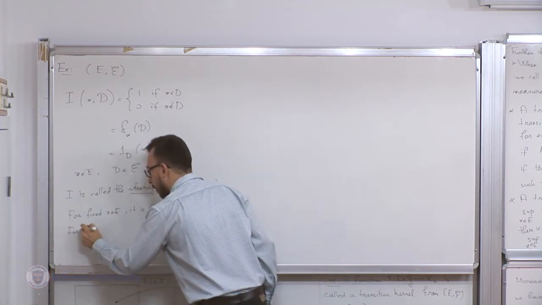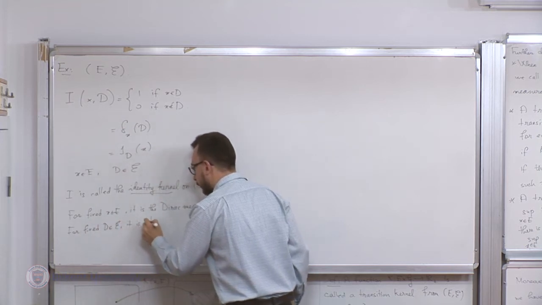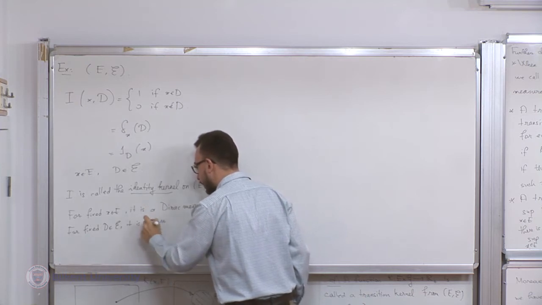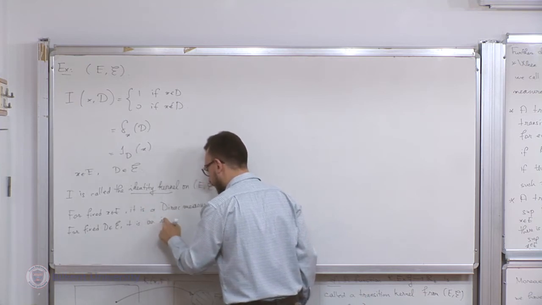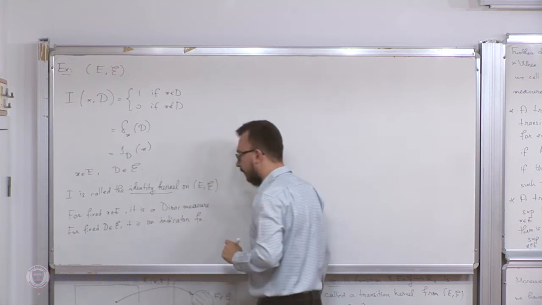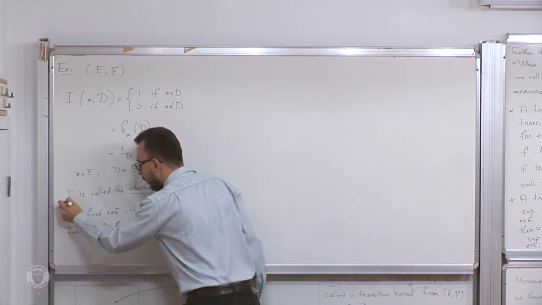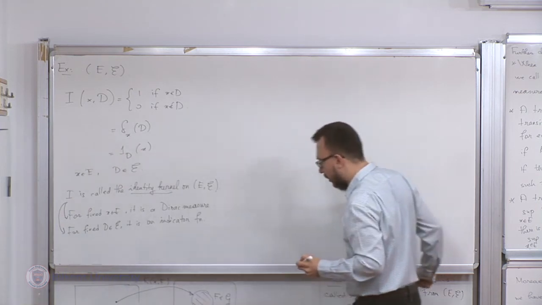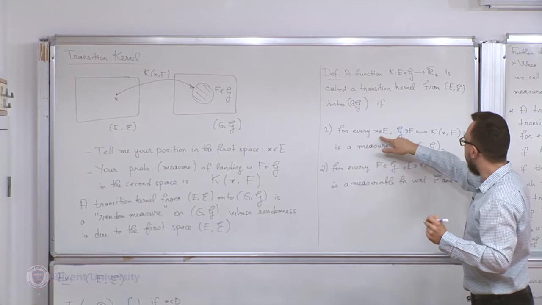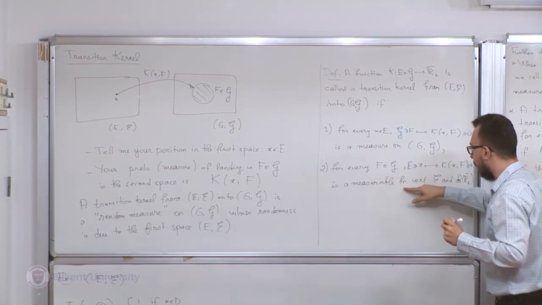For fixed D, it is the indicator function. That's why it is a kernel. Dual nature, right? For fixed x, it is a measure. For fixed set, it is a measurable function.